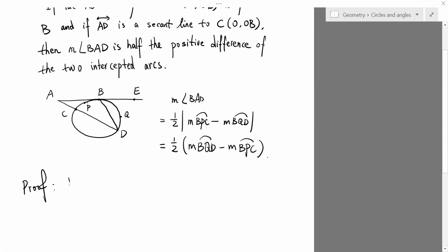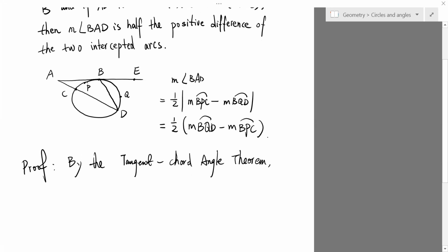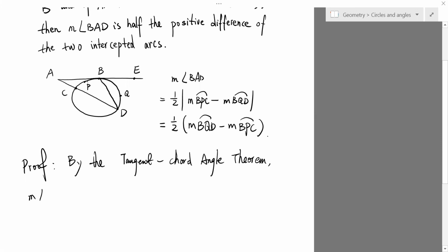So we observe that by the tangent chord angle theorem, the measure of the angle EBD is the same as 1/2 the measure of the arc BQD.